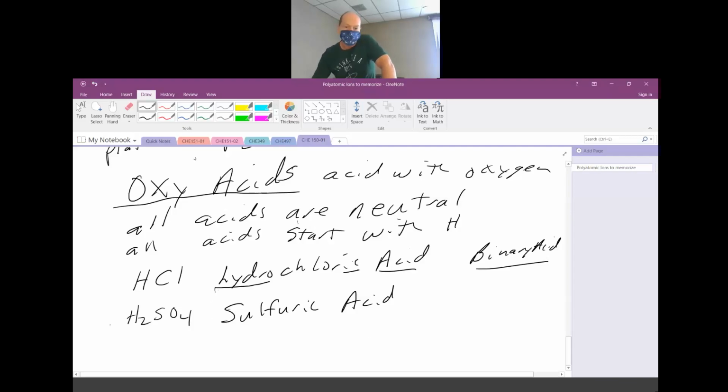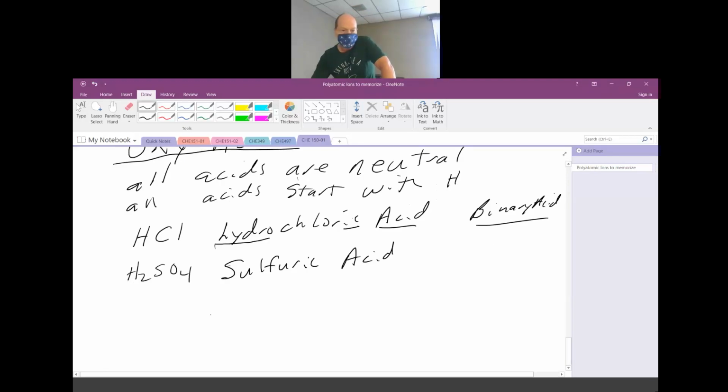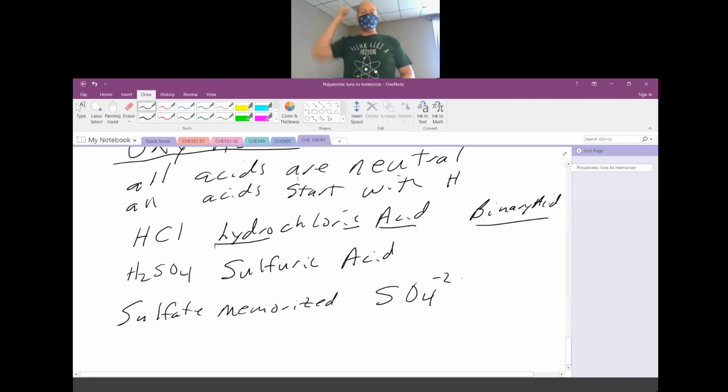For sulfuric acid, you see that you had memorized sulfate up above. You have sulfate memorized as SO4 minus 2. And your H is in the plus 1 column. Again, it's not a metal. It just thinks it's a metal sometimes.